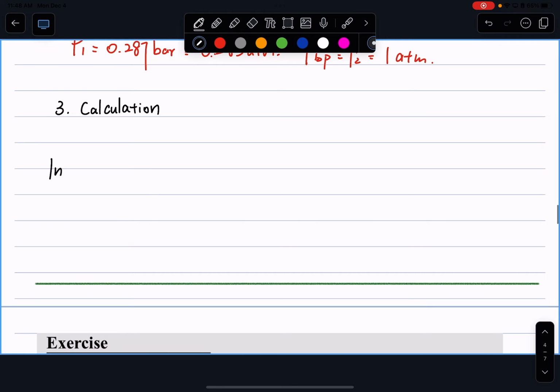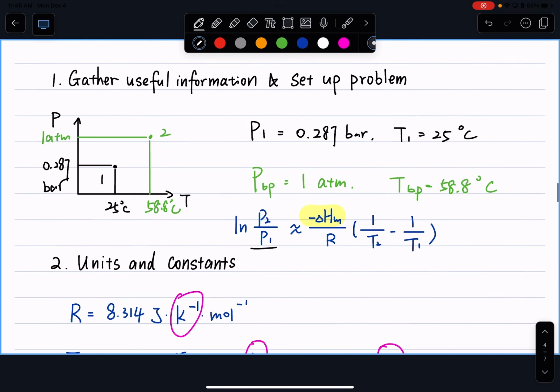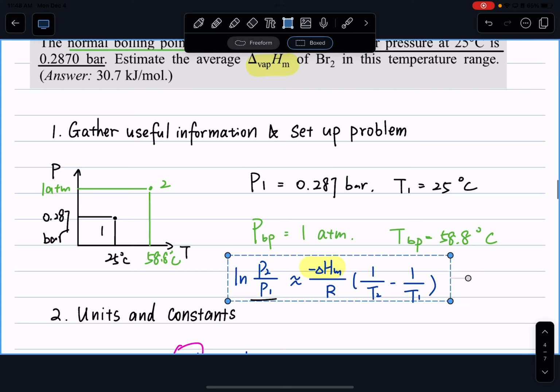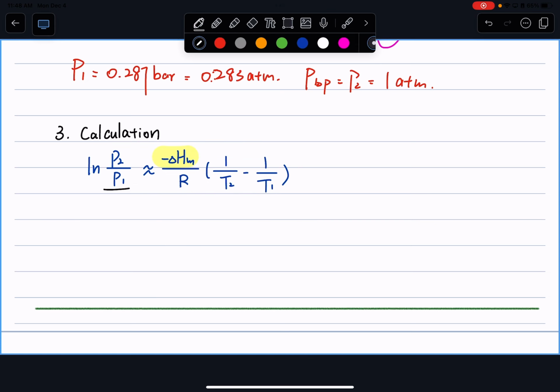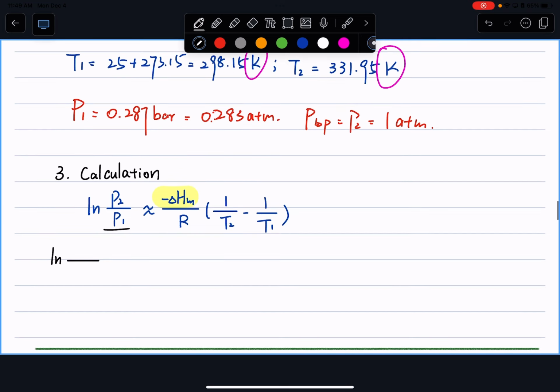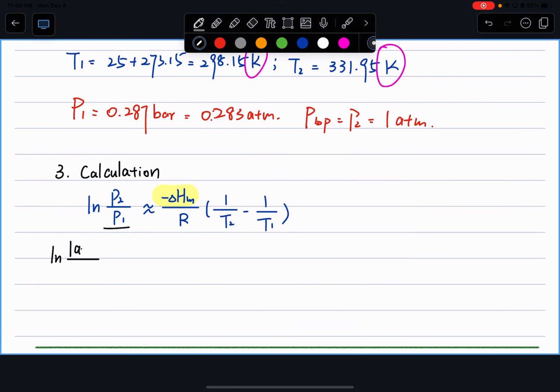We have, let me just copy this down, the natural log of P2 over P1, your P2 is 1 atm over 0.283 atm.